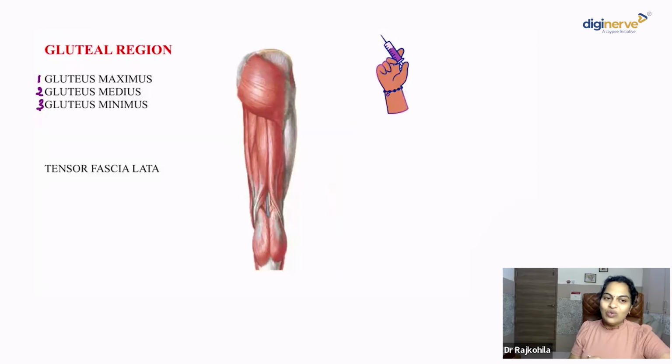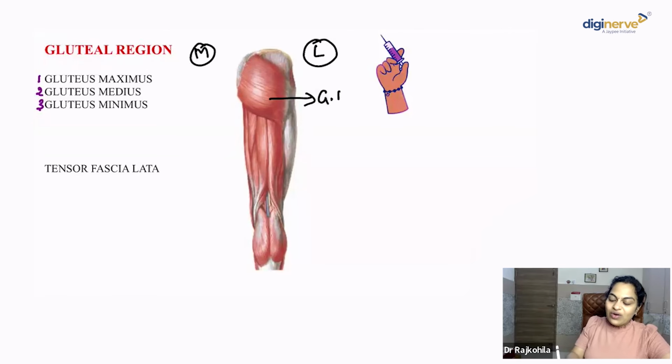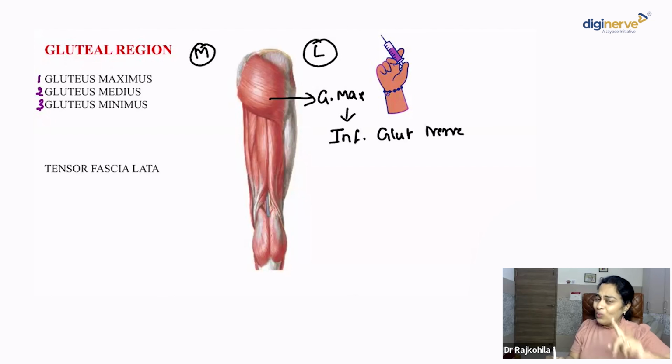Now, moving on to the gluteal region. Here again, this is lateral, this is medial. This is, of course, the gluteus maximus, which is innervated by the inferior gluteal nerve. The inferior gluteal nerve innervates only one muscle, the gluteus maximus.